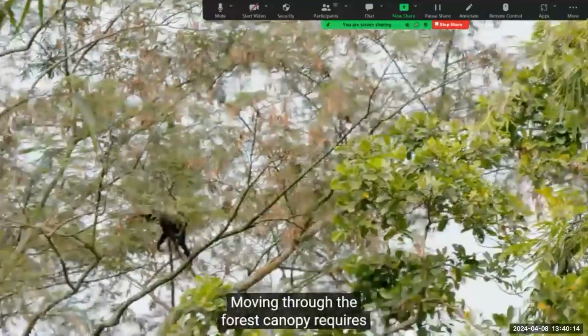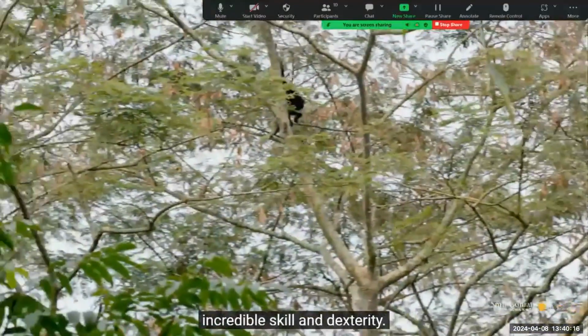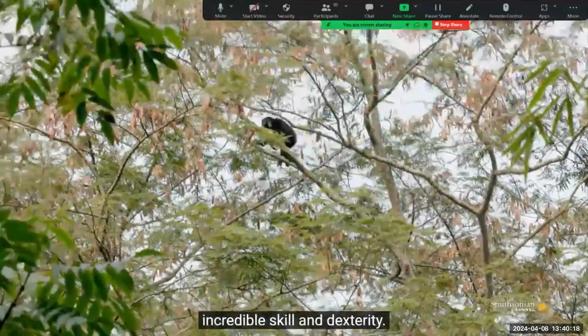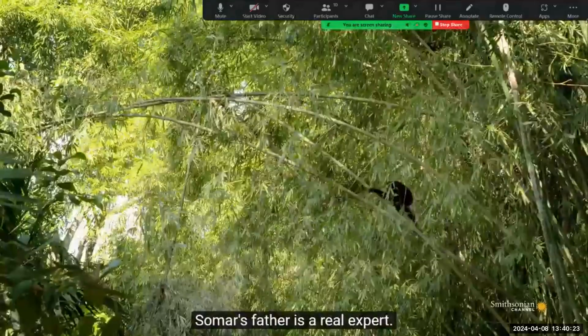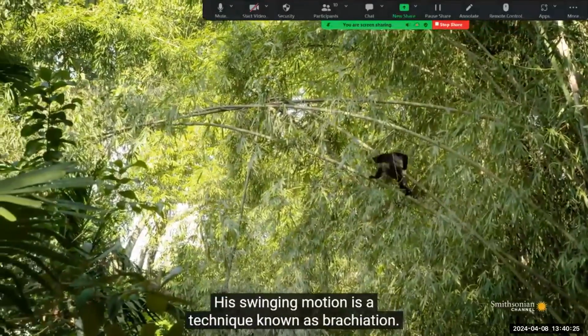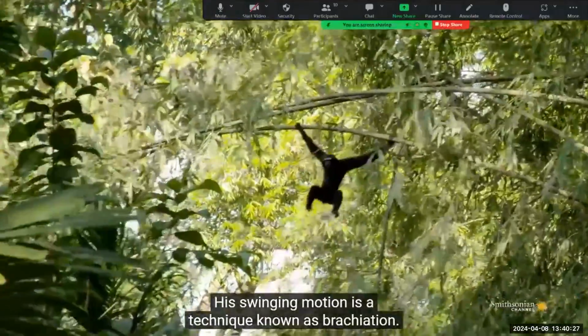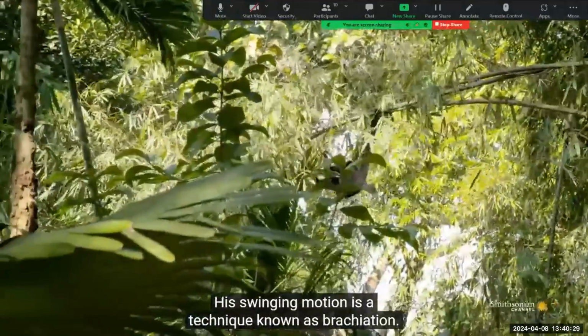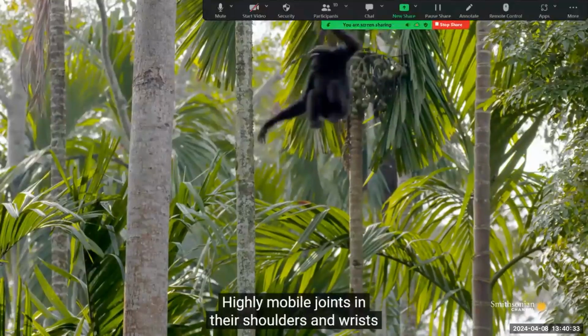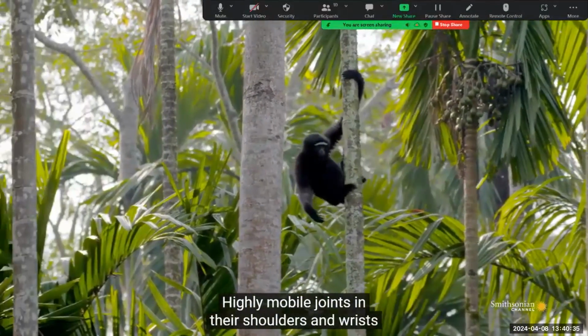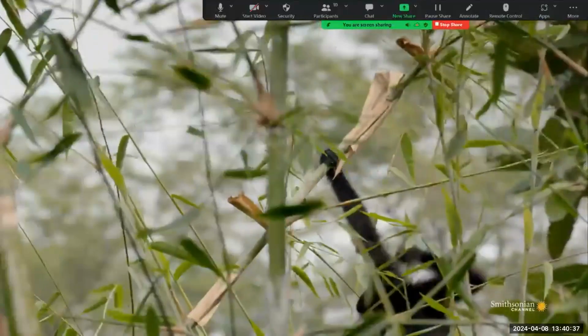Moving through the forest canopy requires incredible skill and dexterity. Samar's father is a real expert. His swinging motion is a technique known as brachiation. Gibbons have evolved long, strong forearms. Highly mobile joints in their shoulders and wrists enhance their fluid movement.